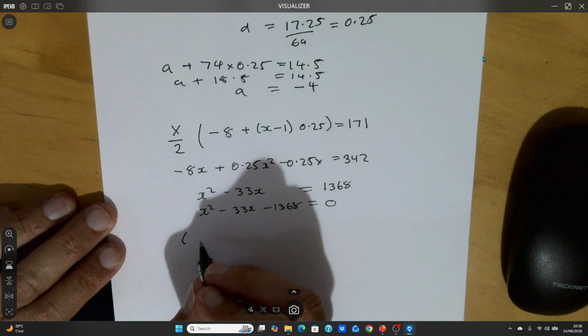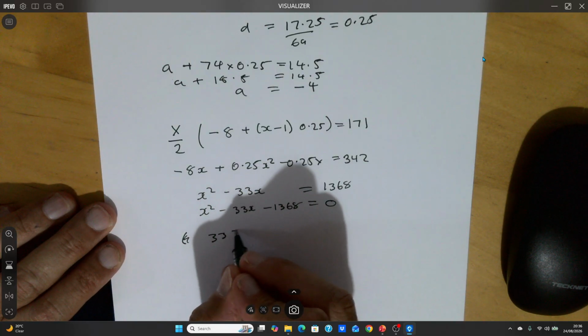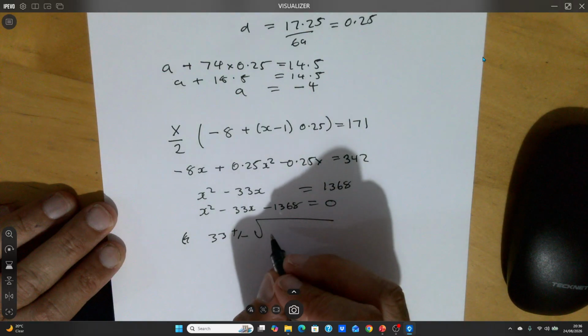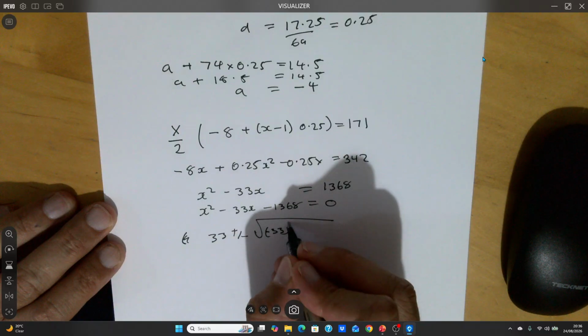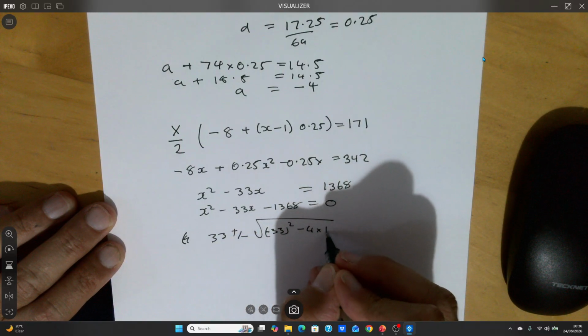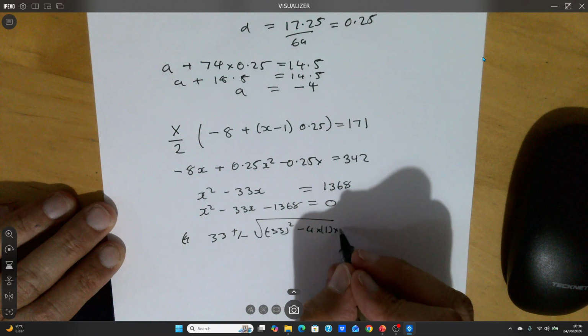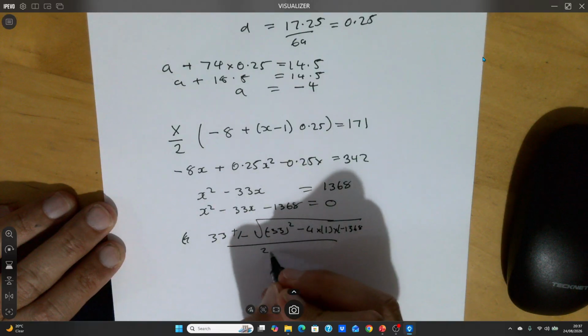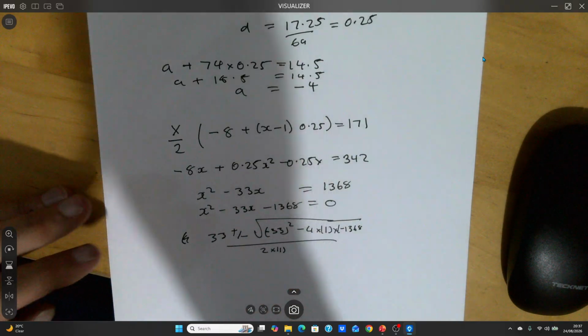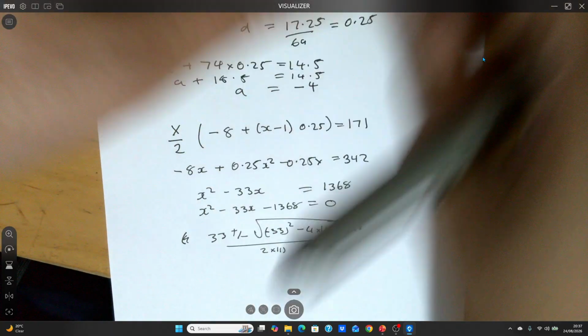So that gives me 33 plus or minus the square root of minus 33 squared, take 4 times 1 times minus 1368, all over 2 times 1. Make my calculator look like that.